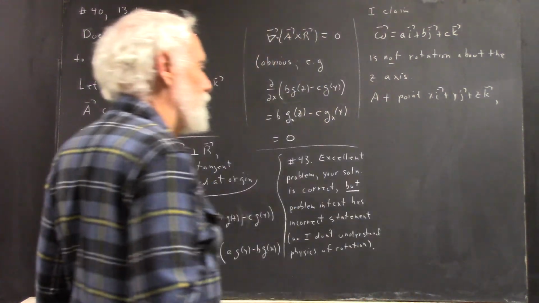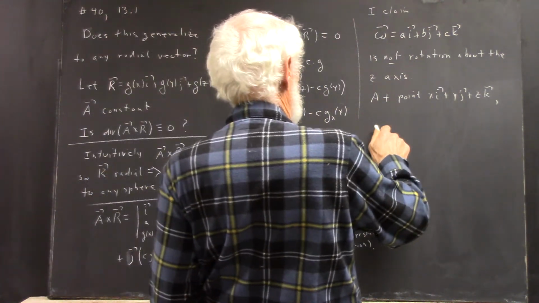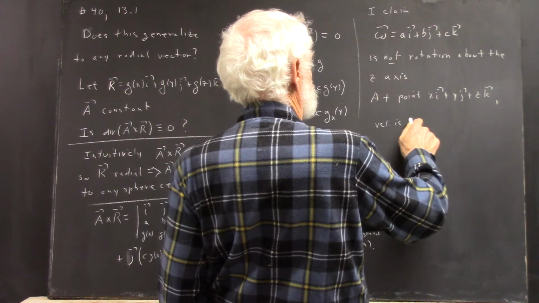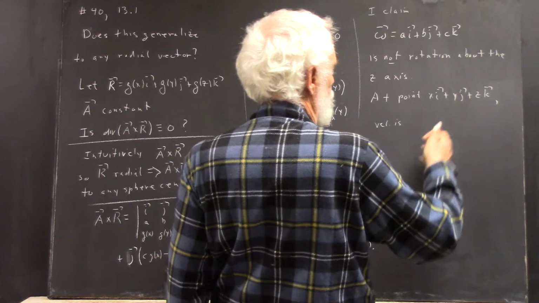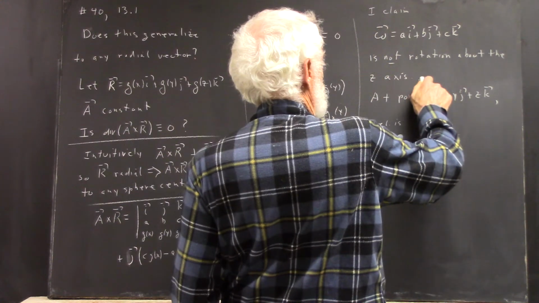At the point xi plus yj plus zk, it's true what the book says, the velocity is omega cross R on this point R.